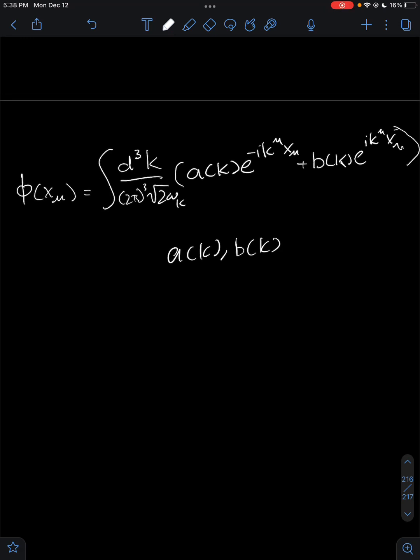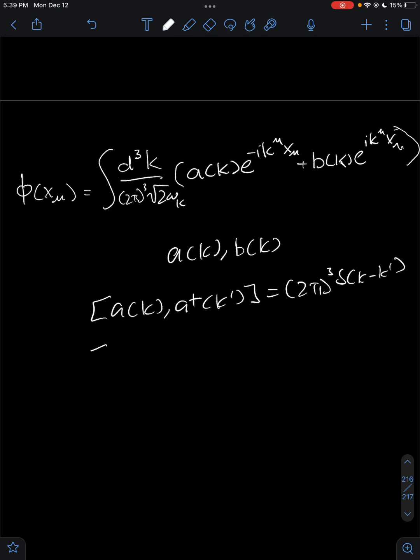So we can carry out the same quantization procedures as before, right? We can say that [a(k), a†(k')] is (2π)^3 δ(k − k'), and we can do the same thing for b(k).